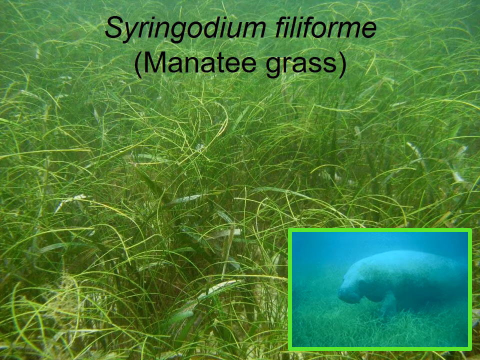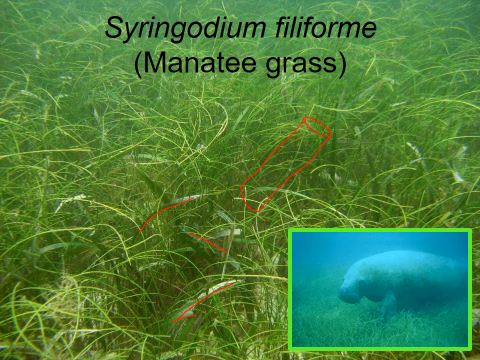The thing about manatee grass that distinguishes it from the other seagrasses is that its blades are cylindrical rather than being flat ribbon-like blades like turtlegrass, and you can actually see a few turtlegrass blades mixed in with manatee grass blades here. But the manatee grass blades are cylindrical, so if you looked at one in cross-section, it would be a cylinder like this, like a spaghetti noodle.